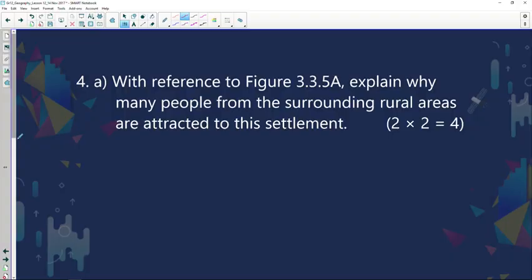Now, our last question. With reference to figure 3.3.5a, explain why many people from the surrounding rural areas are attracted to the settlement. Obviously, if you think about what we learned, we experienced rural-urban migration. Now, if you can imagine, why do people want to go and live in an area like what this figure shows? Obviously, many employment opportunities, better service delivery.